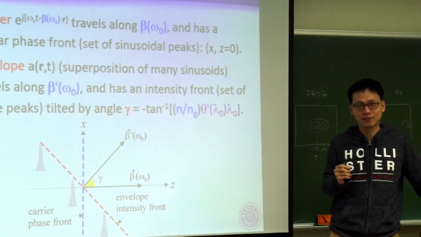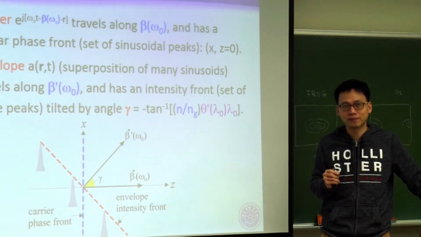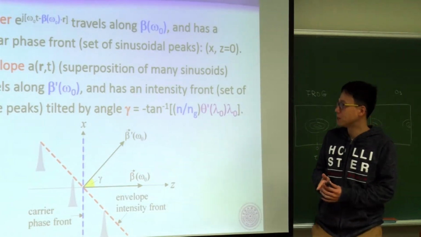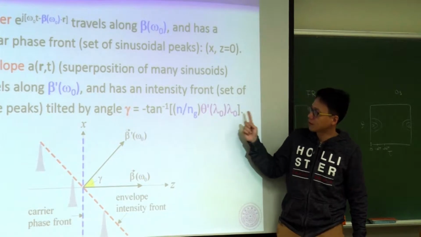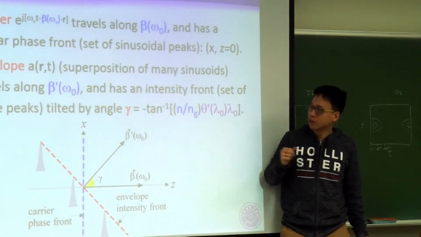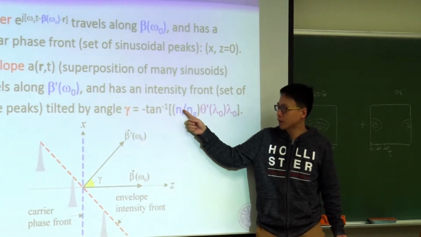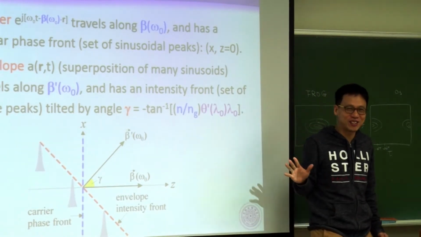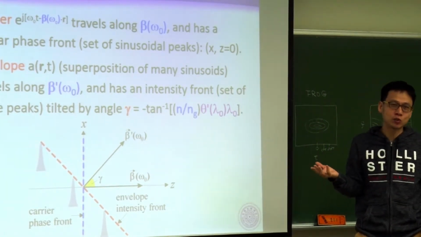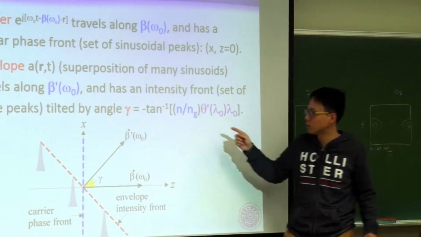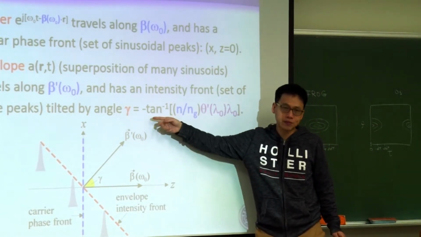Yes, please. Does the envelope's intensity front make an angle with its phase front? Yes, gamma. And the gamma depends on these factors, right? For example, the ratio of refractive index to group index. This is not 1, right? Because Ng is not equal to n, depending on your material dispersion. So material dispersion will influence the gamma angle.